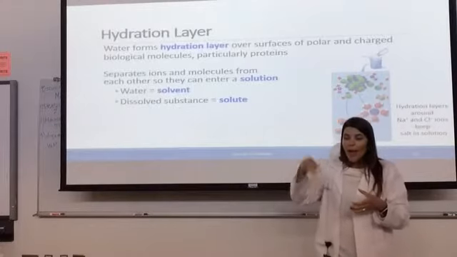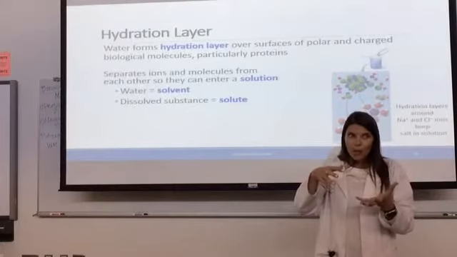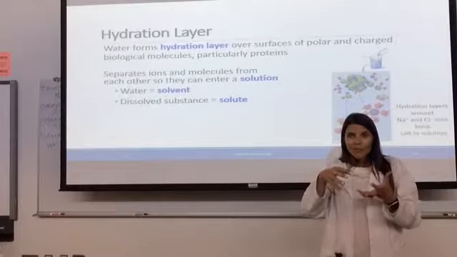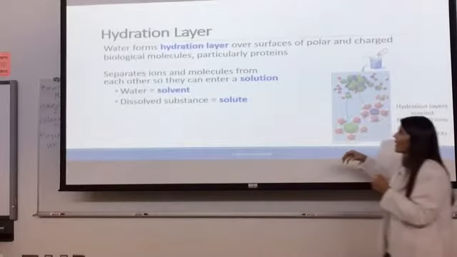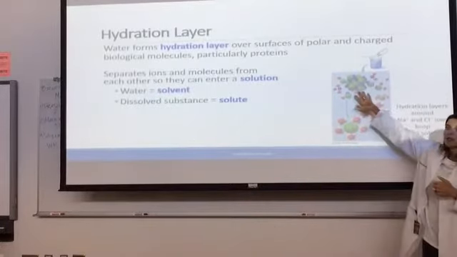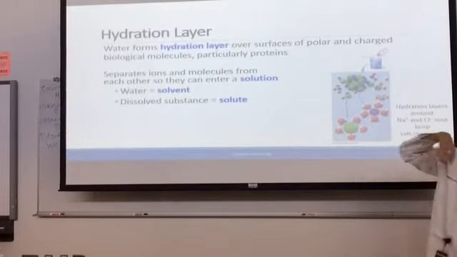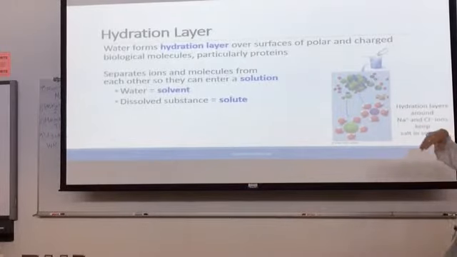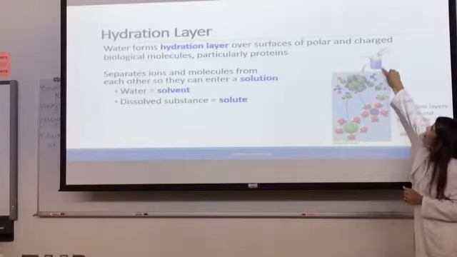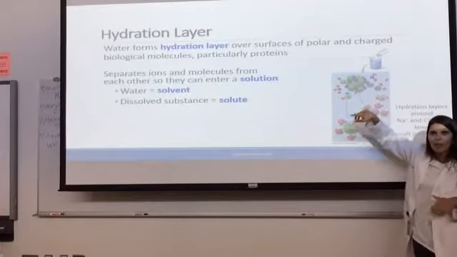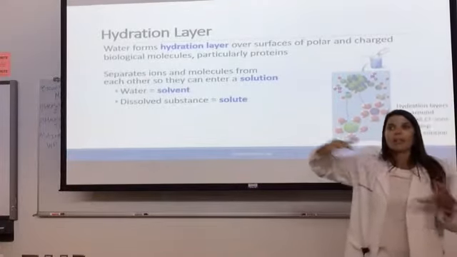happens when you add something to water and it dissolves. Okay? Let me explain using this example. Still sodium chloride. And what's sodium chloride again? Salt. We add salt to water. And what does salt do when it gets in the water? It dissolves.